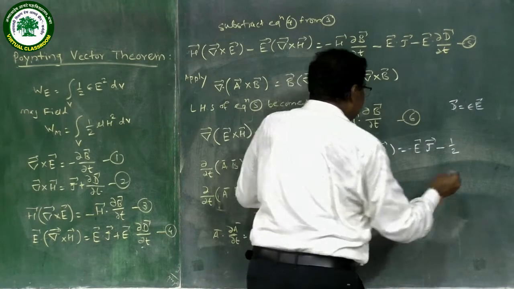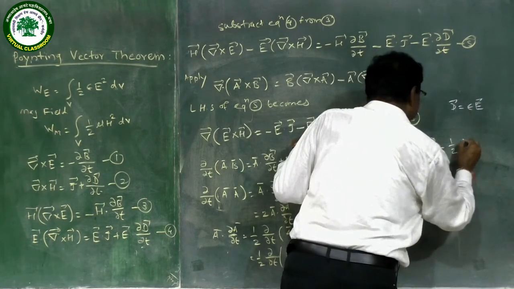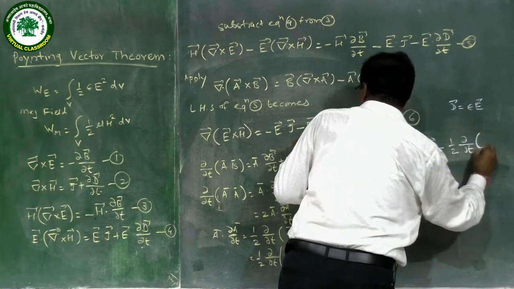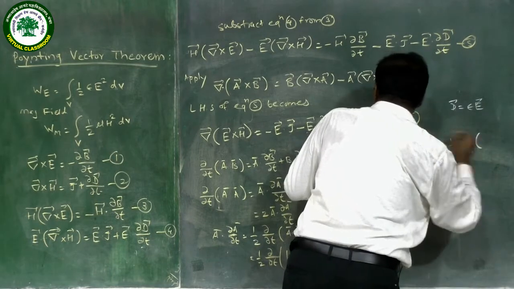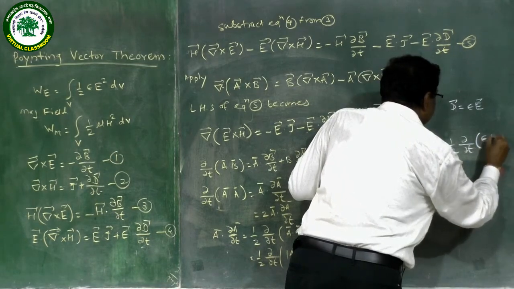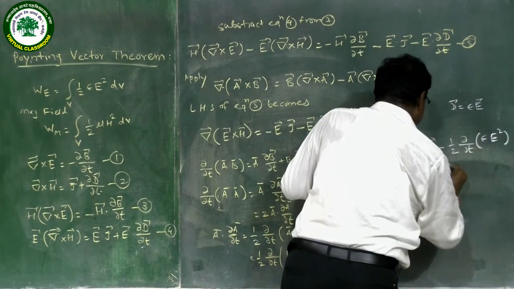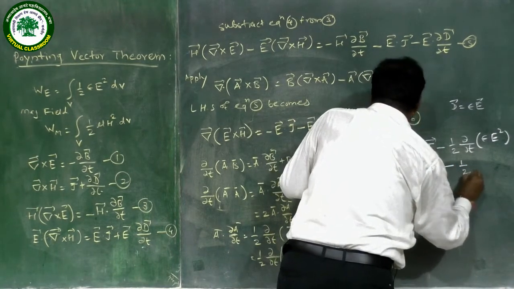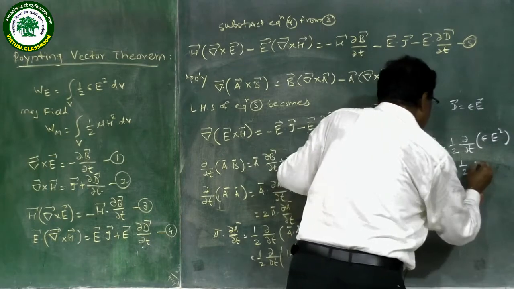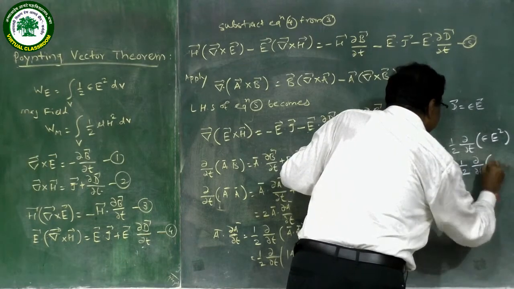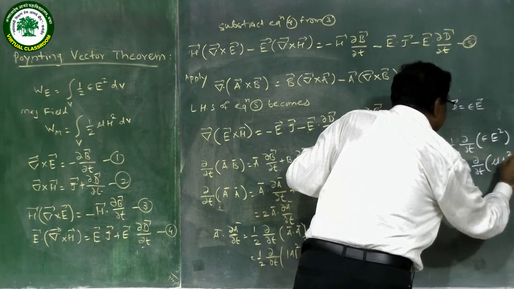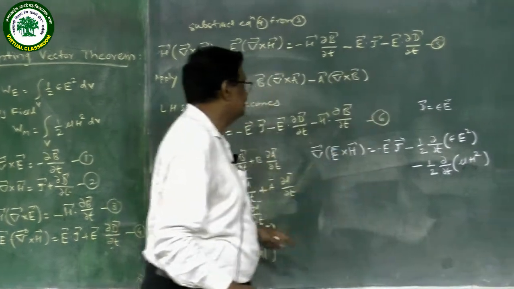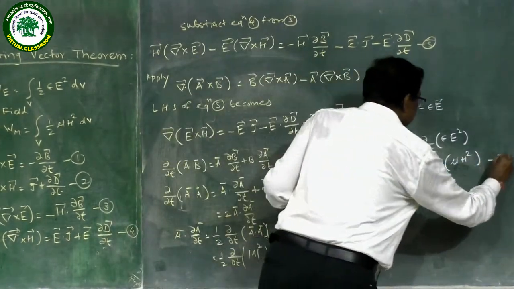So it should be rewritten as 1/2 of ∂/∂t of epsilon into E square. Similarly, the second term, minus 1/2 of ∂/∂t of mu into H square. So this is equation number 7.